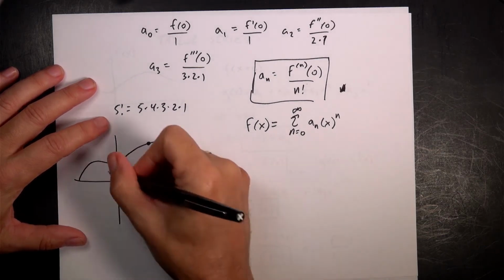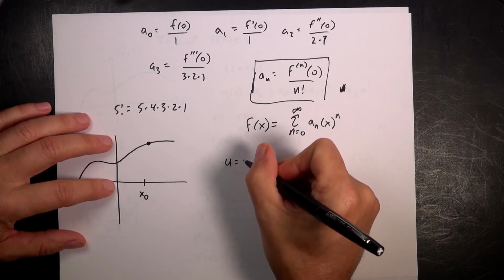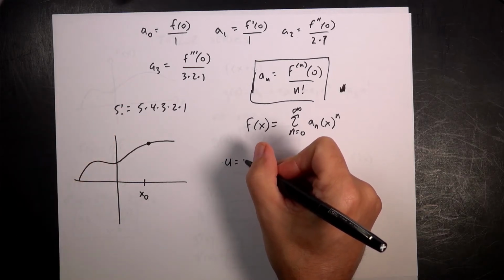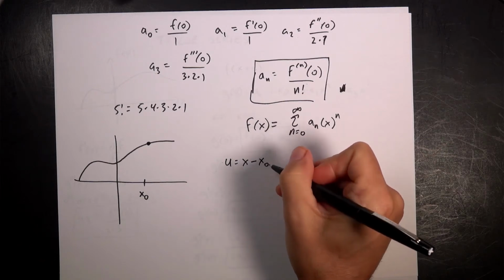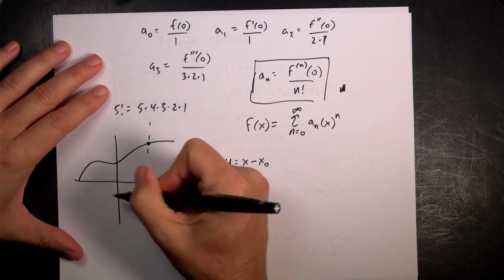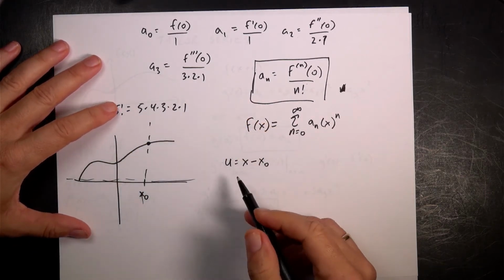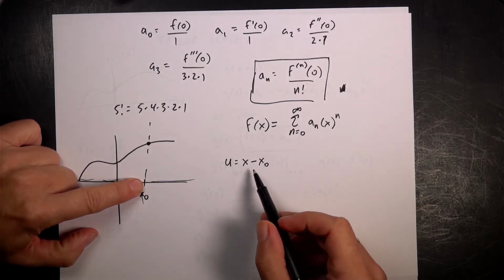What if I shift this over such that u equals x minus x0. If I do that, in the u coordinate right here, it looks like that, I am back at the origin. Right, so I just cheated. So instead of writing x, all I need to do is put x minus x0.